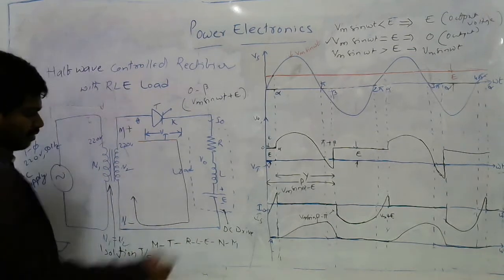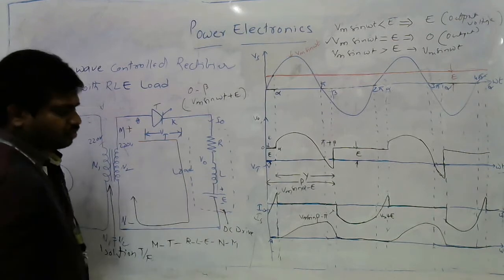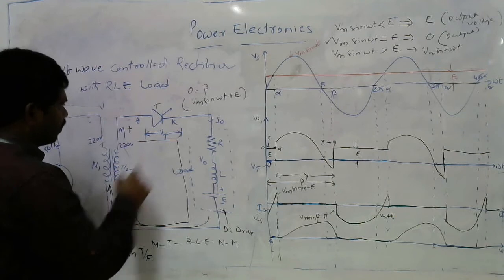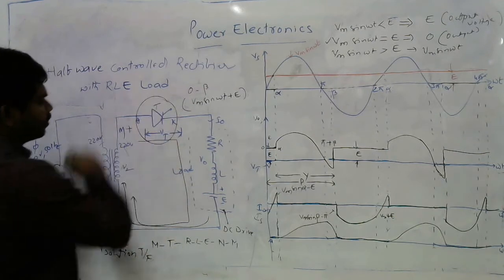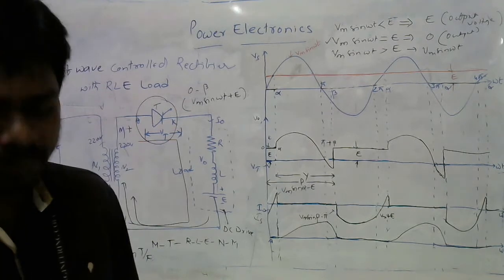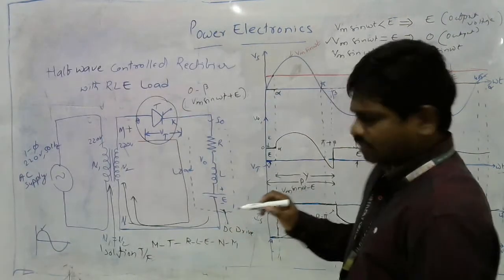But what happens is, if the inductor releases its stored energy, then automatically it has to reach the same point. But after pi also, the thyristor is still in the conducting state. That is the problem. Actually, line commutation has to take place.